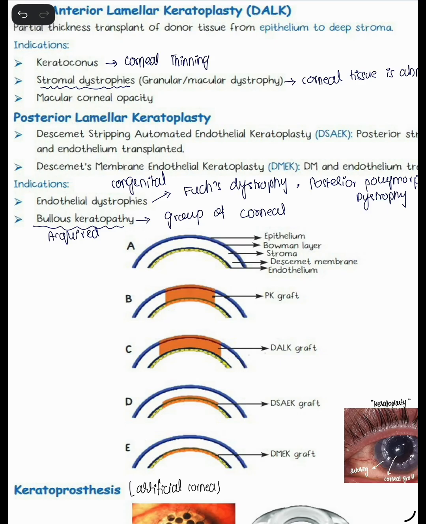The indications are endothelial dystrophy, in which the endothelium is damaged, or bullous keratopathy, in which a group of corneal diseases occurs.